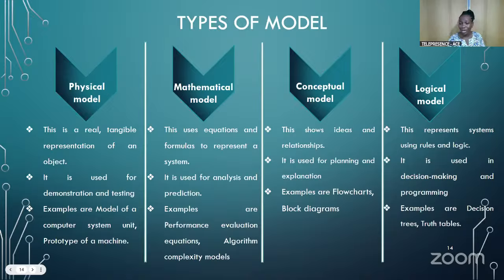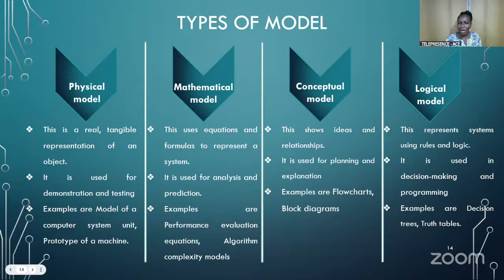You can decide that, okay, you want to know the distance from here to maybe Ilesha. You can employ different mathematical formulas because you are trying to look for something that can represent the distance from here to Ilesha. So when you are using those formulas, you are employing the use of mathematical models.